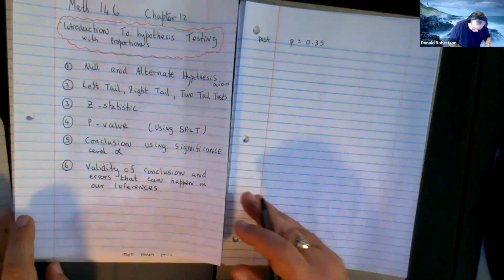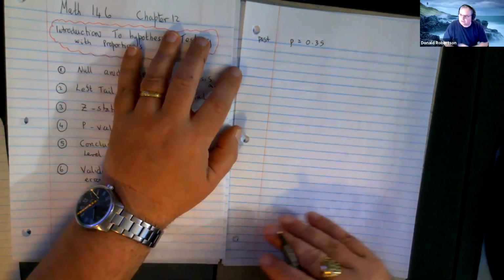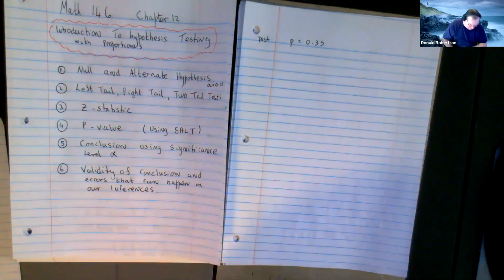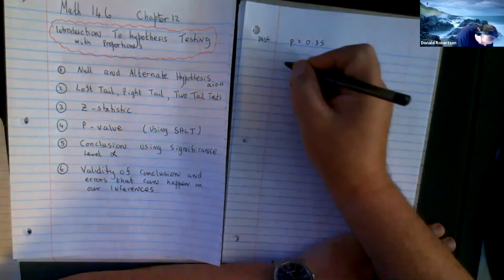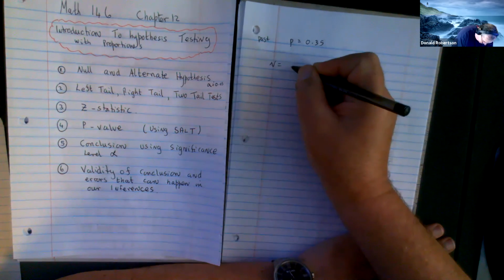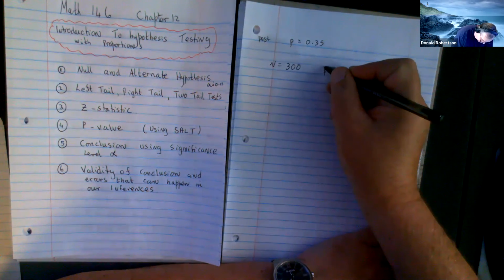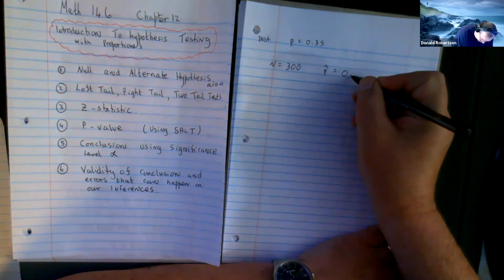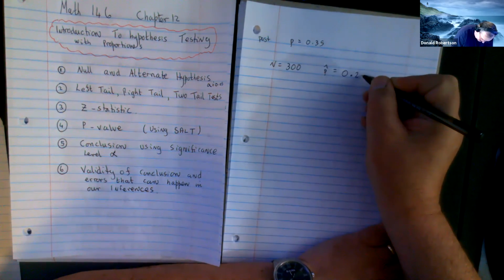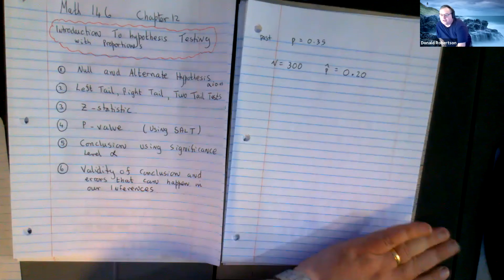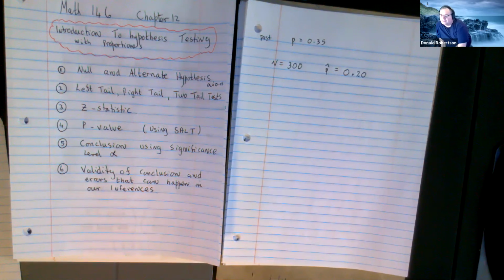And then they asked people this year. They conducted a sample, and it was 300 people. The percentage who said that they had actually flown on a plane was 20% because of COVID.